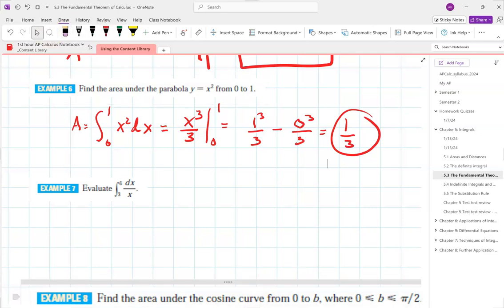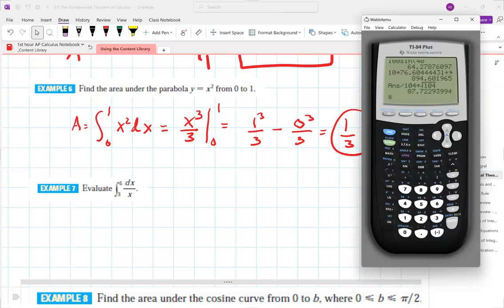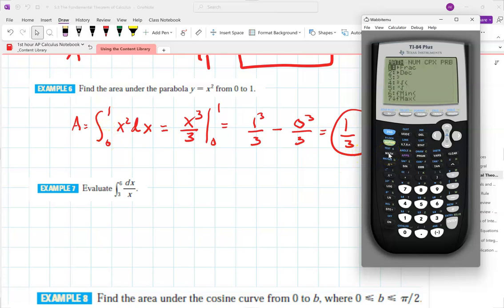I want to point out as well, if you have your graphing calculator with you, you can take it out and follow along. All of these definite integrals can be done on your calculator. A definite integral is where you have numbers in the bounds of your integral. To do this problem, I'm going to start by pressing the math button and scroll down to, on my calculator, command 9 that says FnInt.